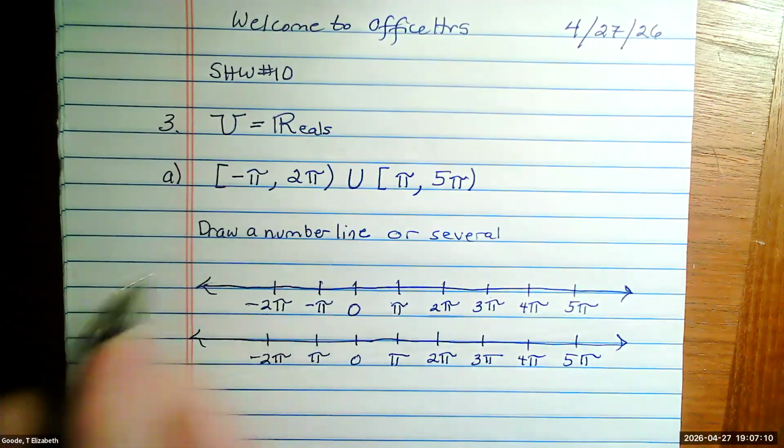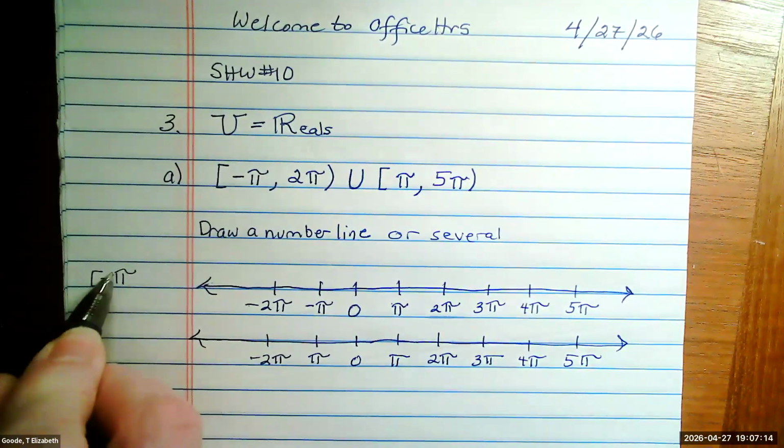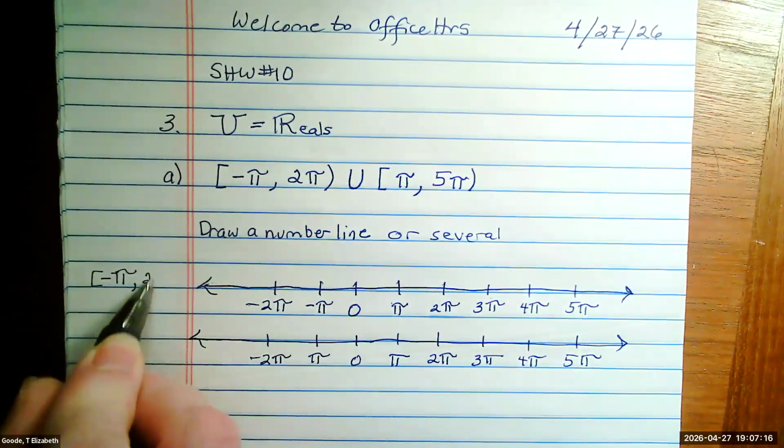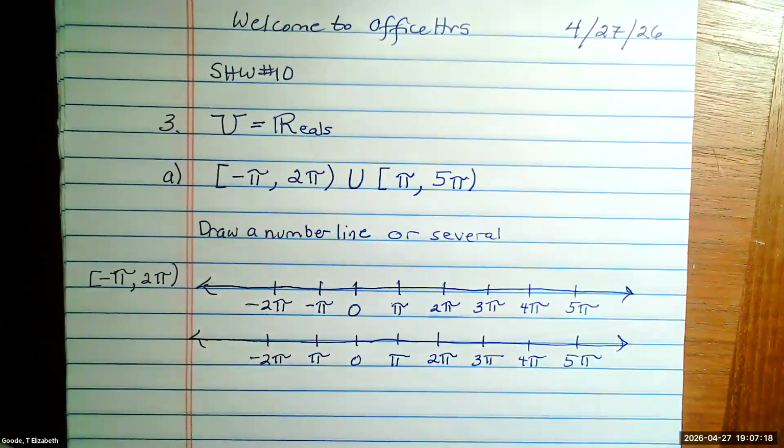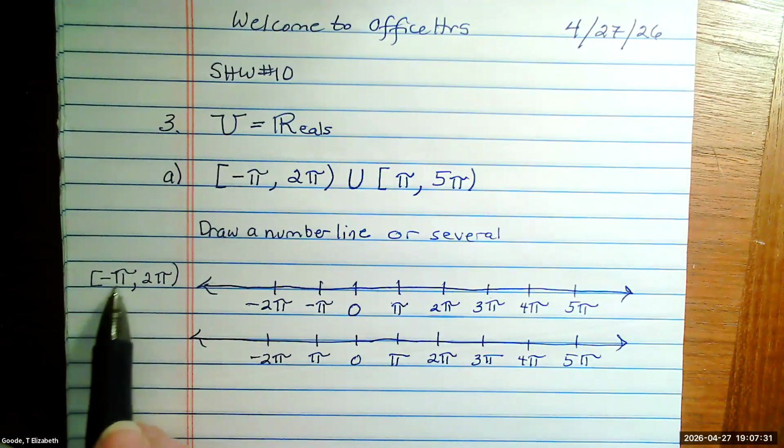So for example, the set that starts at negative pi with a square bracket, comma, to 2 pi with a soft parenthesis. What does the square bracket mean? Do you remember? It means it starts there, that's right, and it includes that value.